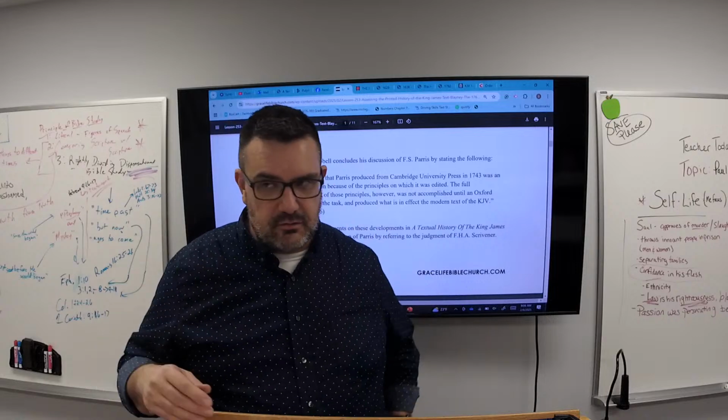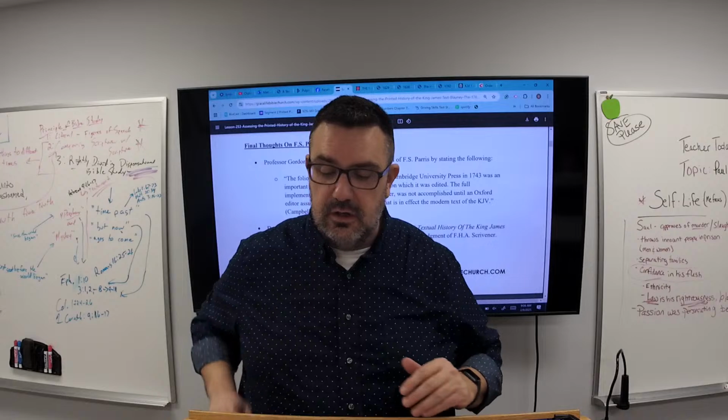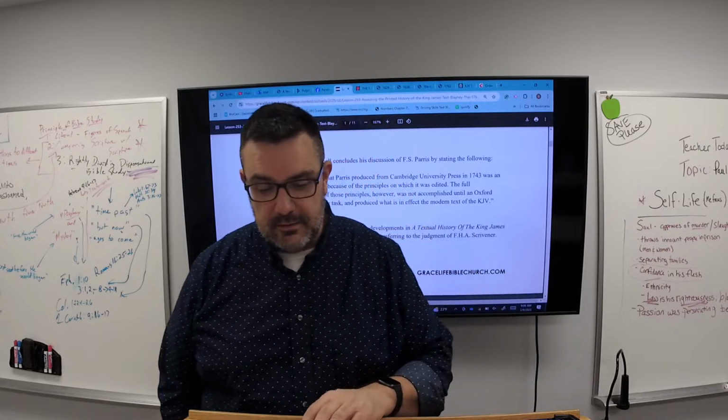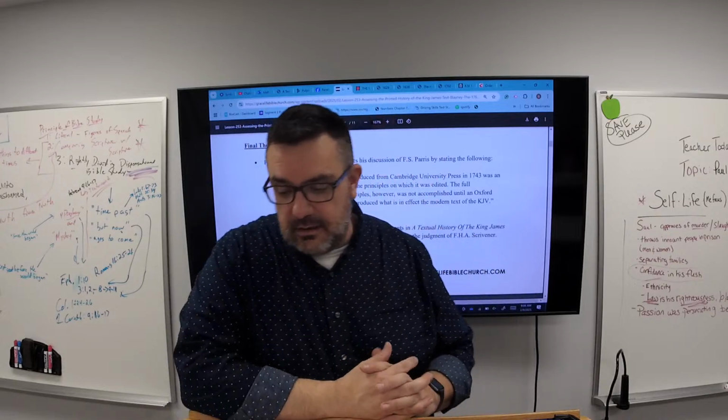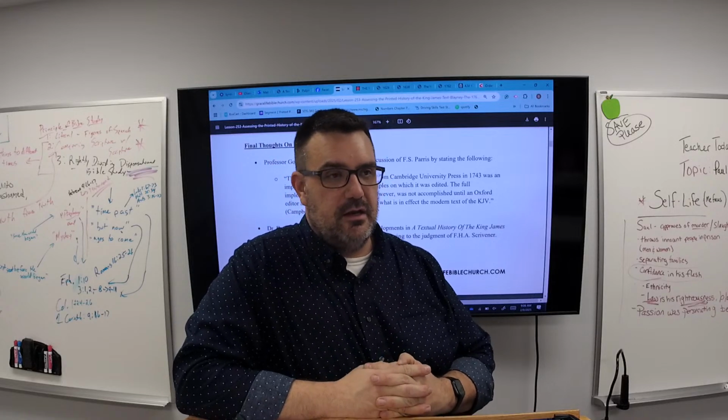If you want to read Scrivener's discussion, you're going to want to see page 29 of Scrivener's The Authorized Edition of the English Bible, 1611. So, judging from these statements, it seems fair to conclude that Blayney completed what Paris started in terms of editing the text.